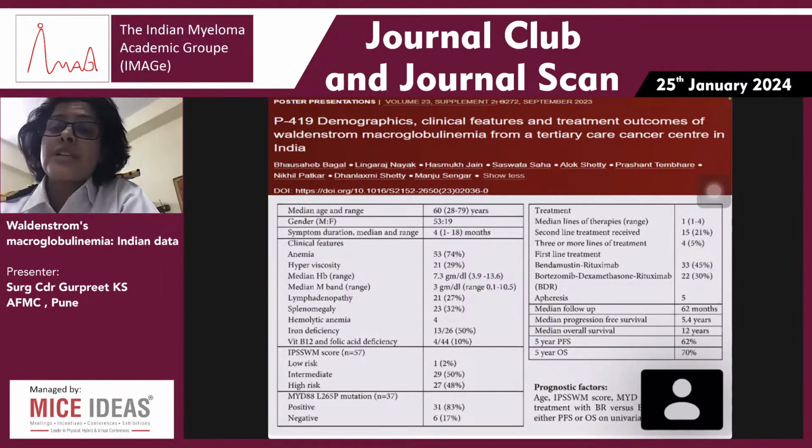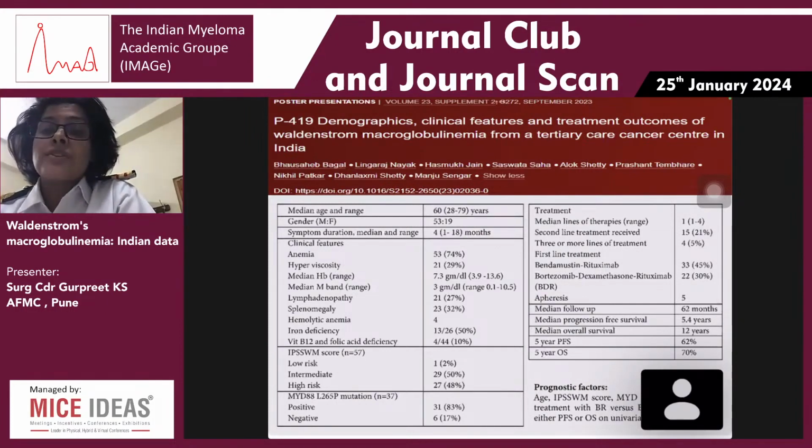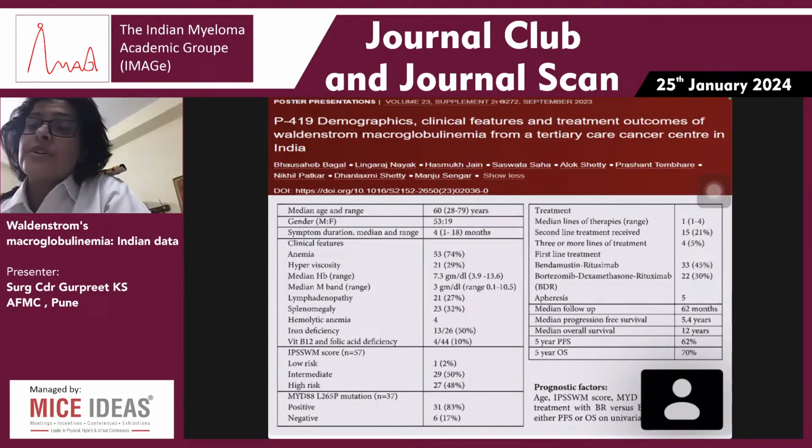50% of the patients had an intermediate IPSS score, and of the 72 patients, MYD88 was done in 37 patients, and most of these patients, 83%, were positive for MYD88. The first line treatment that they used here was bendamustine rituximab and bortezomib dexamethasone rituximab, given to 45% and 30% of patients.